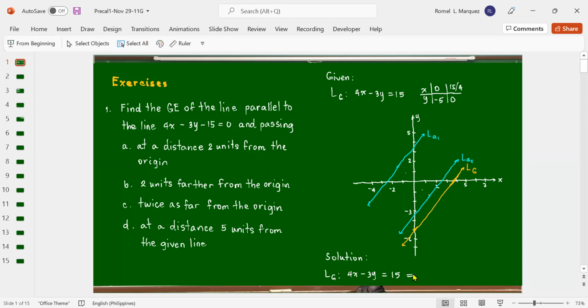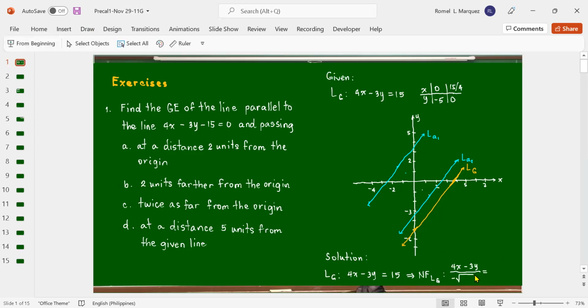What's the normal form of this, children? Of the line given. What's the normal form? We divide by what, guys? What is our divisor to the left side? What's the divisor? Negative. Why negative?